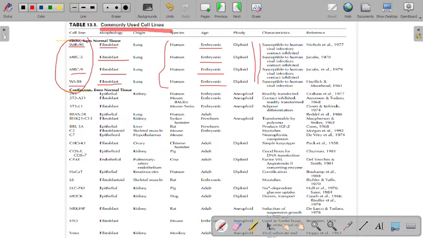That means whatever virus, take the example of coronavirus. The coronavirus infection is mainly to which cells? I hope you got my answer. It is the lungs, you know that.